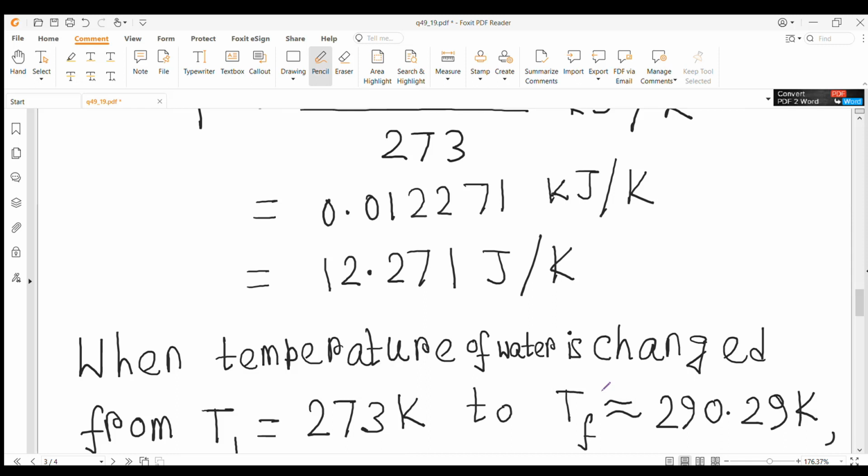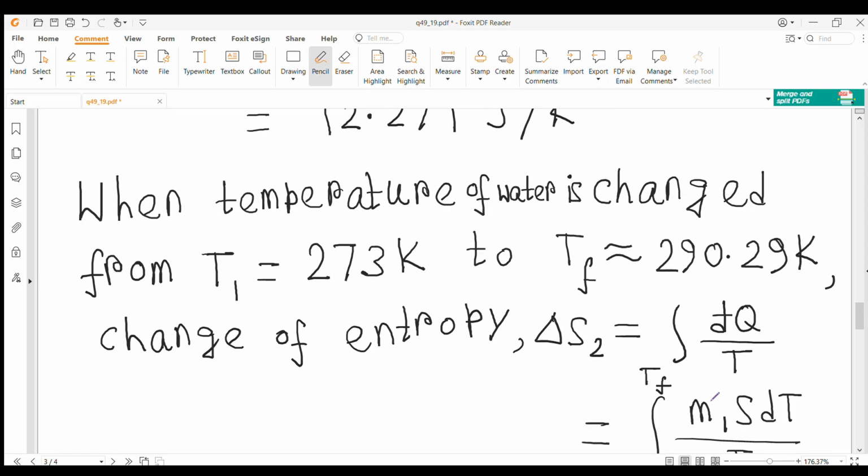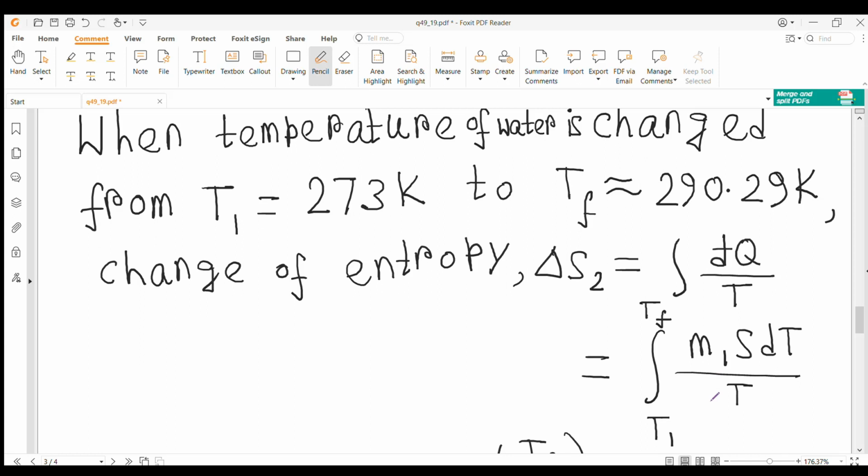When the temperature of water is changed from T1 equal to 273 Kelvin to Tf equal to 290.29 Kelvin, then the change of entropy delta S2 is equal to the integral dq by T. Here dq can be written as m1 s into dT. Here the limits of the temperature T are T1 and Tf.